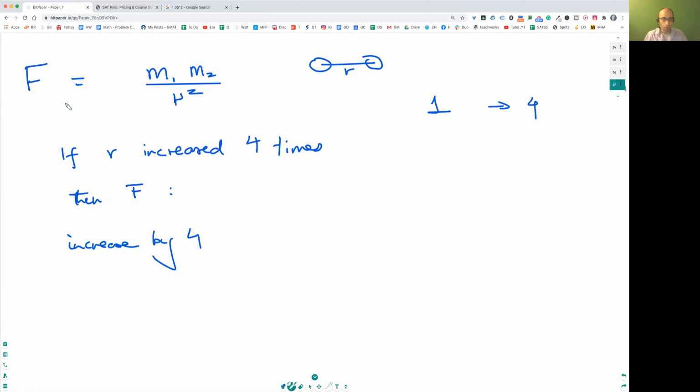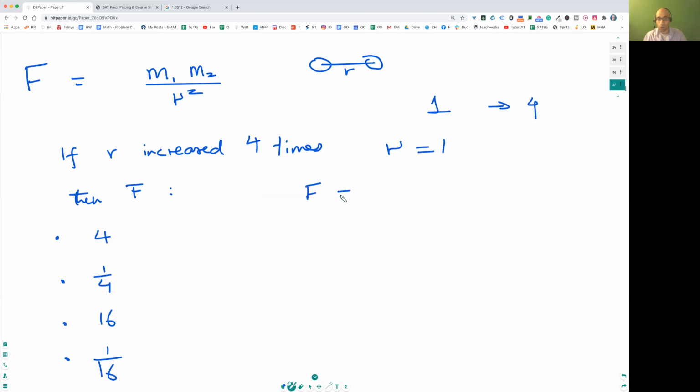What's the new force? Let me know what you think it is. What's the ratio of the new force to the old force? Is it 4, 1/4, 16, or 1/16? These are your choices.